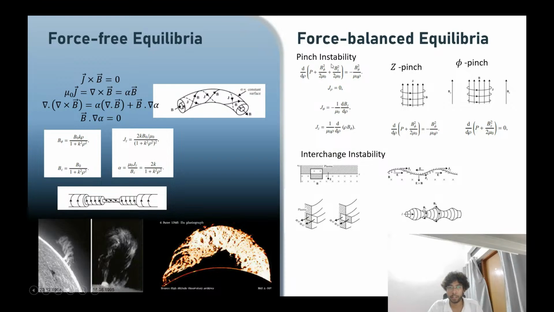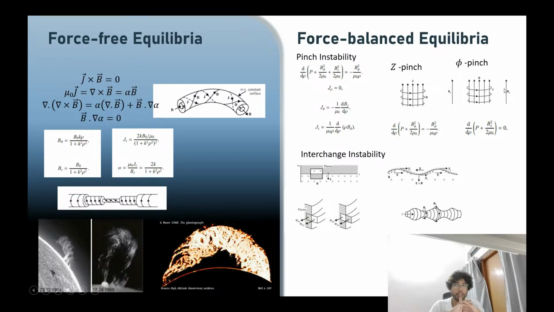So from this equation, if you do b phi is 0, you'll get this equation, right? And which just says that p plus bz square by 2 mu naught is constant. Okay? And if this is constant, so that means that inside this region, we have both P and Bz, right? But outside the pressure is zero.